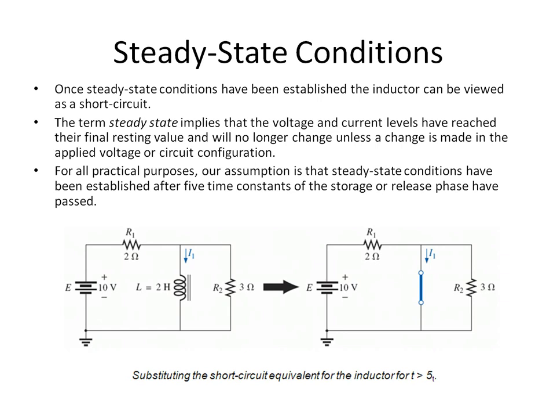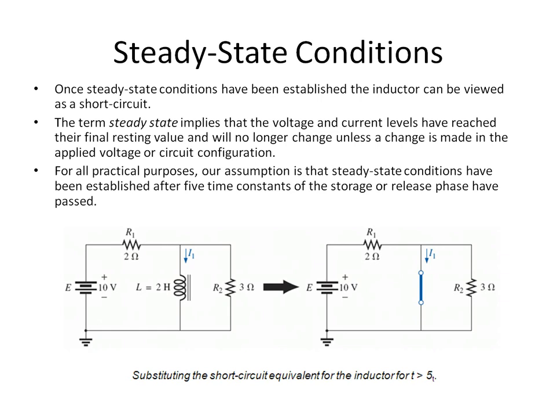As was stated earlier, once the inductor is charged up, it will act as a short circuit. So once steady state conditions have been reached, the inductor is acting as a short. The term steady state implies that the voltage and current levels have reached their final resting value and will no longer change unless a change is made in the applied voltage or circuit configuration.